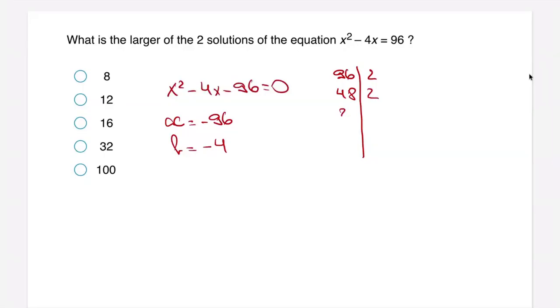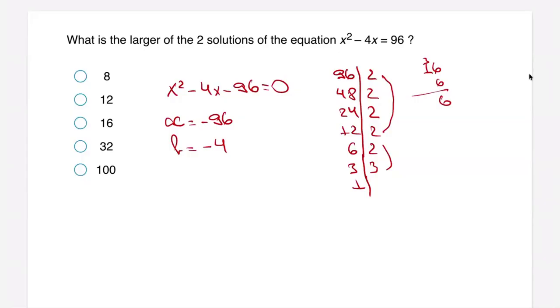Divided by 2, 24. Divided by 2, 12. Divided by 2, 6. Divided by 2, 3. Divided by 3, 1. Oh my God. It would be 16 times 6 is 96.